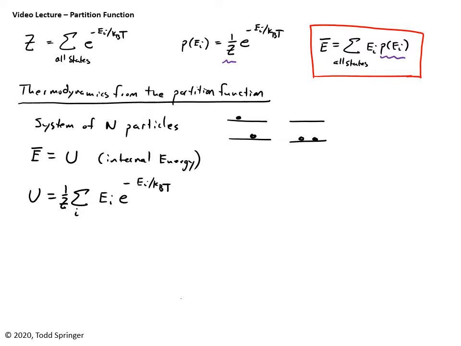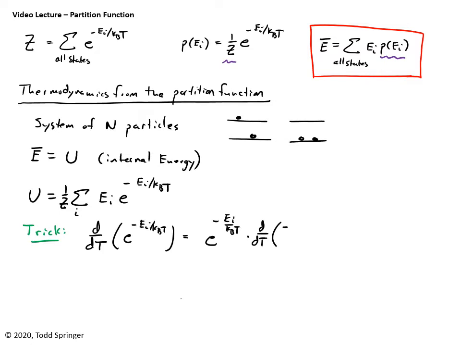So let me show you a trick here. And the trick is to recognize the following thing. If I take the derivative with respect to T of e to the minus E_i over k_B T, what do I have? It's e to the minus E_i over k_B T times the chain rule, the derivative of the exponent, which is minus E_i over k_B T. And it's a derivative with respect to temperature, so the E_i comes out front.